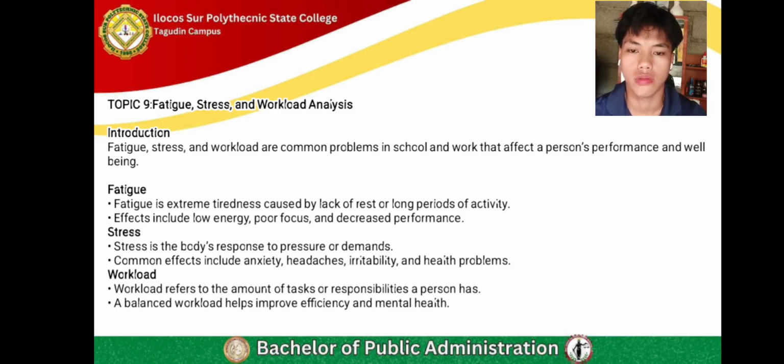Workload. Workload refers to the amount of tasks or responsibilities a person has. It's simply how much work or responsibility you're expected to handle. A balanced workload helps improve efficiency and mental health. When your tasks are manageable, you feel more focused, productive, and less pressured.